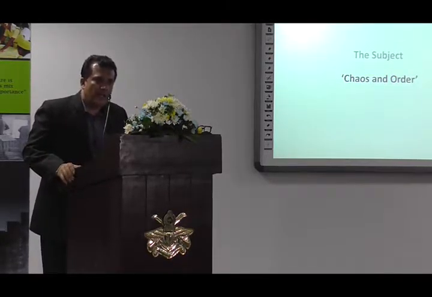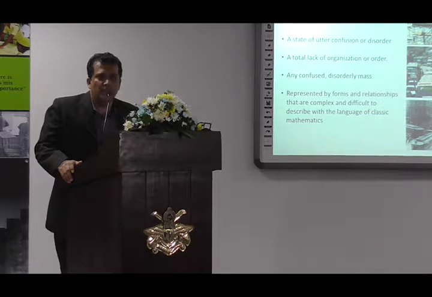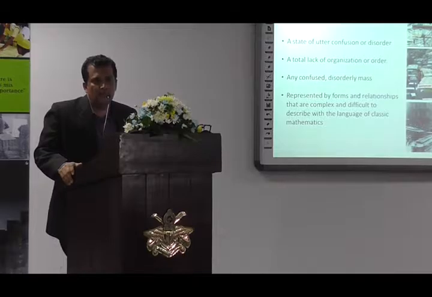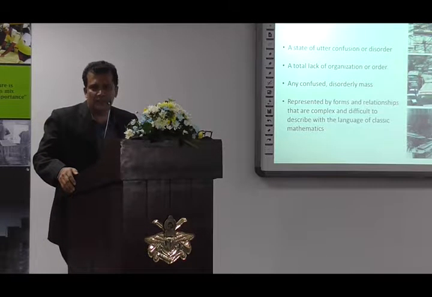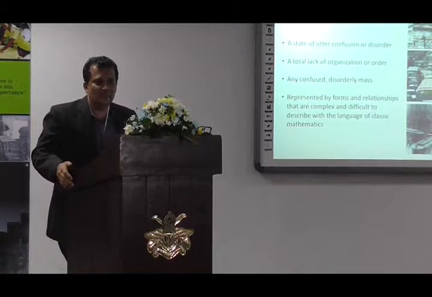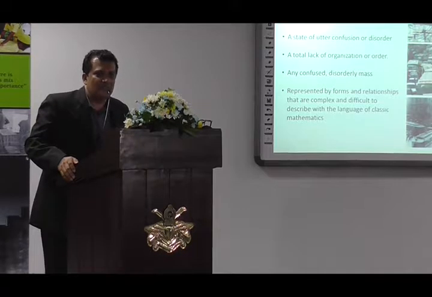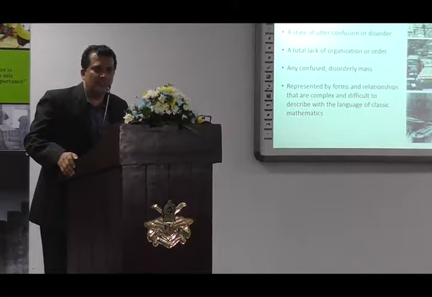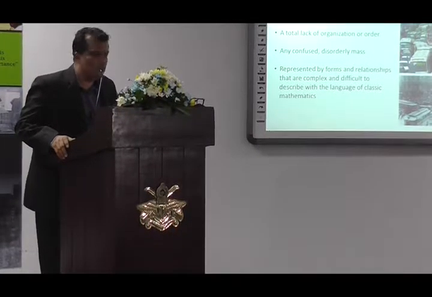So chaos and order. The photos you see on your right side, top, you know that it's exactly a very chaotic situation. You don't know what it is, and even the electrician who comes there to fix any problem finds it very difficult. The middle one is again similar. These pictures are very common to all of us.